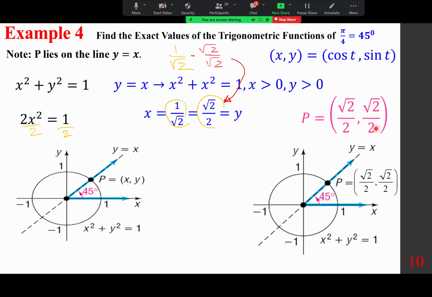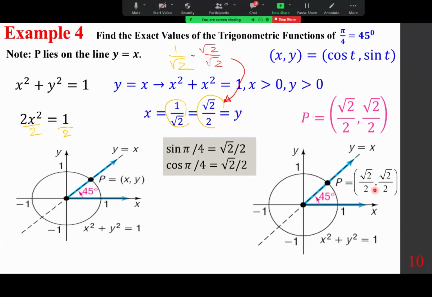So now we are going to put those coordinates here. And therefore, we claim sine of 45 degrees or pi over 4 is the same as cosine of pi over 4, which is square root of 2 over 2. They are identical. Now, what is tangent? Sine over cosine, they are identical, so it becomes 1. What is cotangent? The reciprocal of that, 1 over 1 is 1.